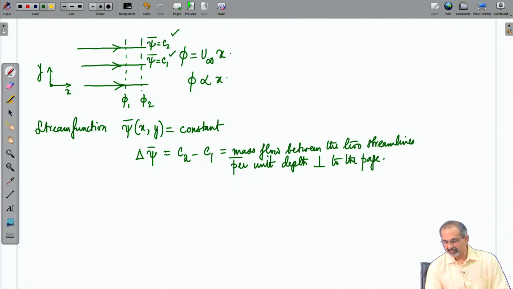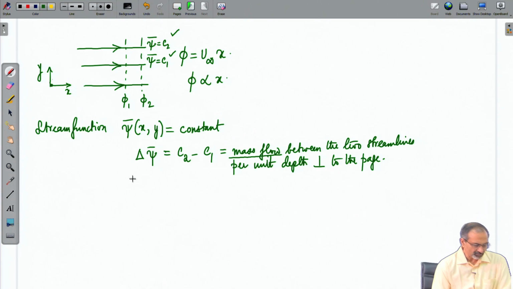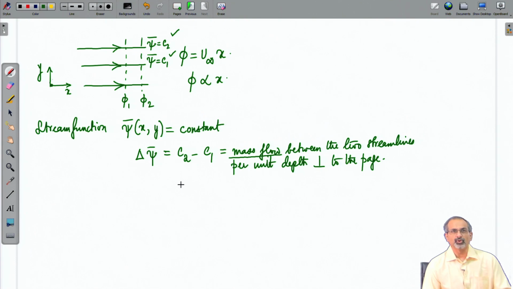So, it has the concept of mass flow being accommodated between these two streamlines. Where the local velocity is large, the streamlines will get closer to each other, and there will be rapid variation of stream function. When the flow velocity is smaller, the streamlines will be further apart and the stream function variations will be more moderate.